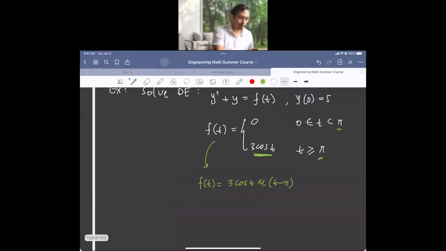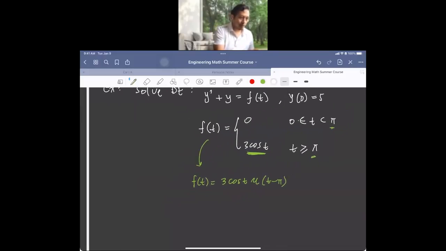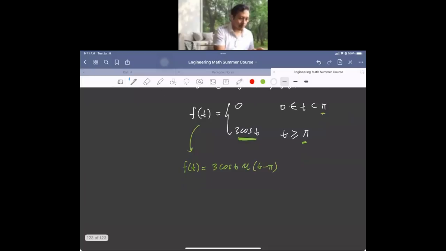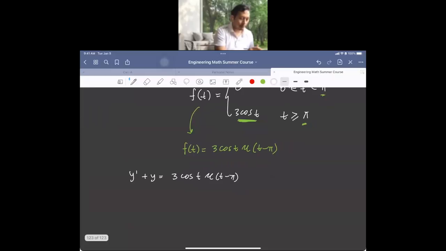Now we need to Laplace all the differential equations. So let me write the differential equation: y prime plus y equals 3 cosine t Heaviside t minus pi.